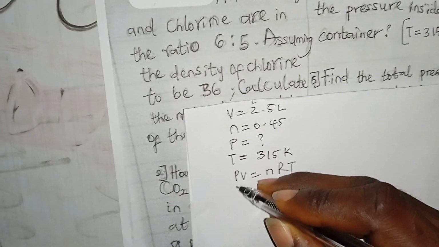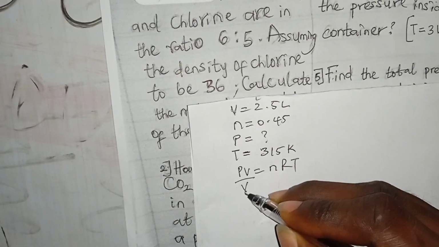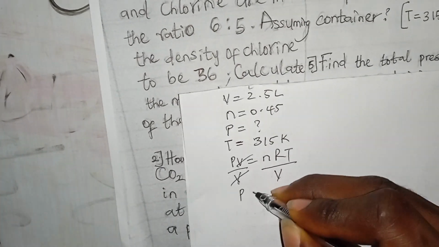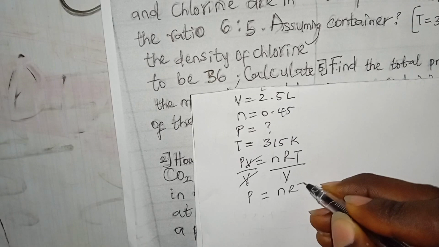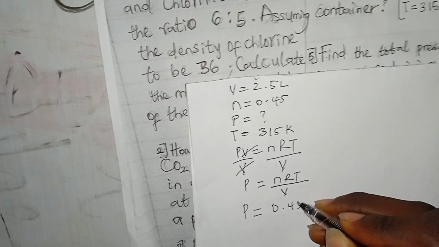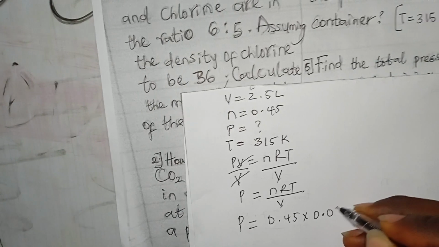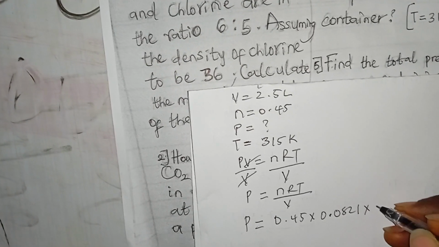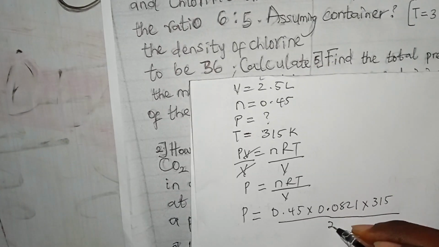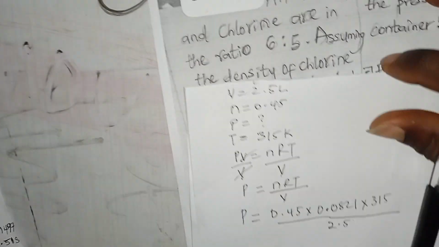We have P as our subject of formula, so this will be divided by the coefficient of P, which is V. So this becomes P equals nRT over V. P is equal to n here, 0.45, times R, a constant, always 0.0821, times T here, 315 given to us, all over volume given to us, 2.5, and it is in liter. That's good. That's what we need. We need it in liter.